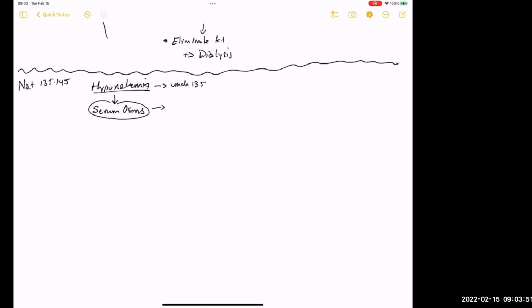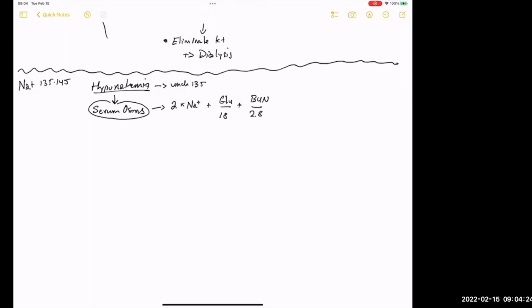Well, there are calculators out there, but the formula is as follows: 2 times the patient's sodium level plus their glucose divided by 18 plus their blood urea nitrogen divided by 2.8. And that will give you their osmolality, or very, very close calculated osmolality.